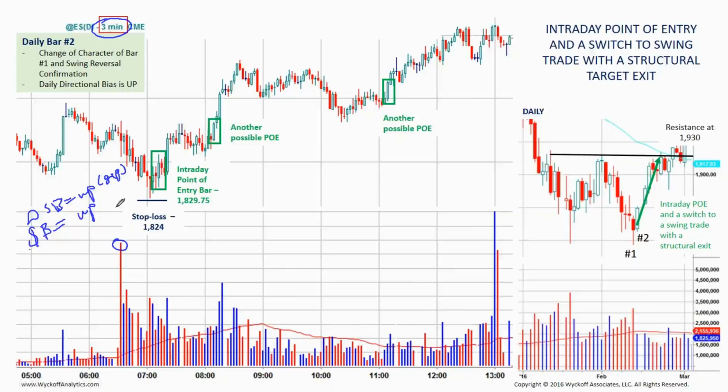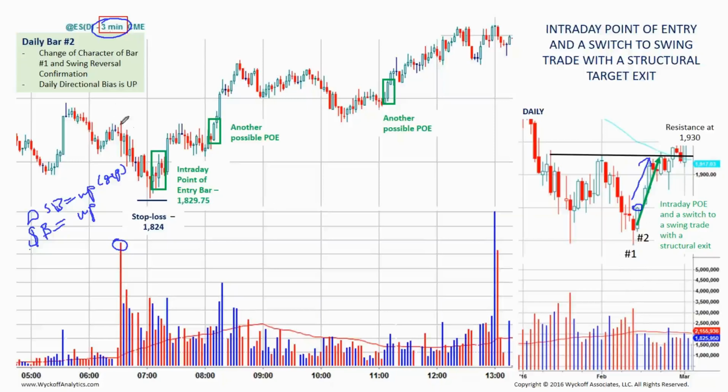We don't know whether it's still A, B, or C phase. But in all three scenarios, our structural bias is up. So therefore, if we're going to have a very good day, it doesn't matter. We are still going to stay in this position because whatever this is, B, C, or A, the price is still going to go up.